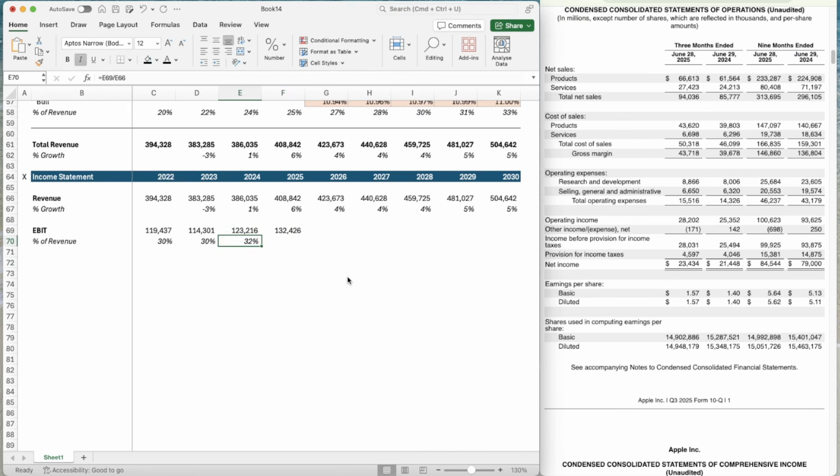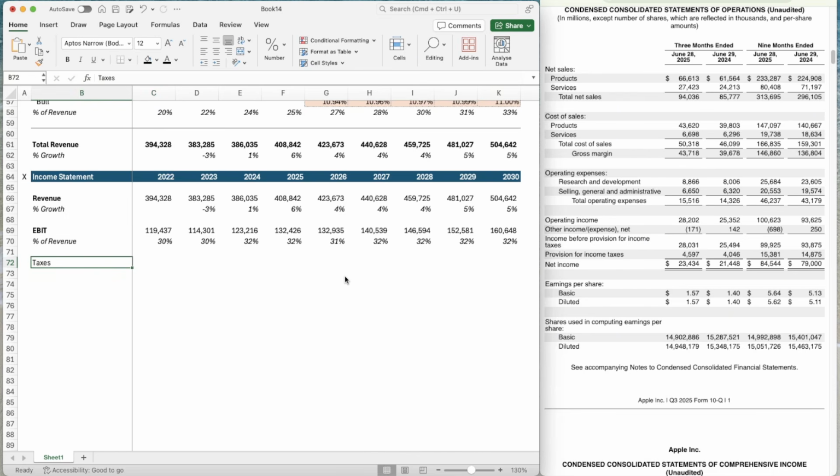There we go. Pull this along, and this is going to be our initial sort of loose EBIT forecast. Just take an average of the last 3 years, put it across, and then do your revenue multiplied by your EBIT margin.